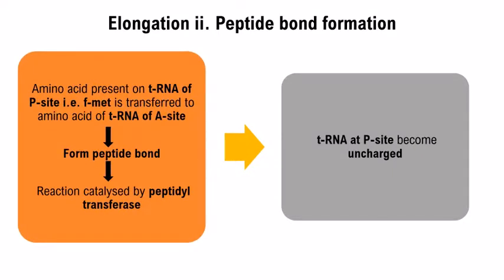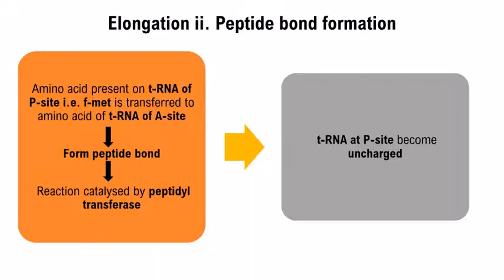Once the amino acid tRNA with a bound amino acid is brought and added to the A site on the ribosome by elongation factor Tu, with the hydrolysis of the attached GTP, the amino acid present on the tRNA at the P site, that is the formyl methionine, is transferred to the tRNA located at the A site.